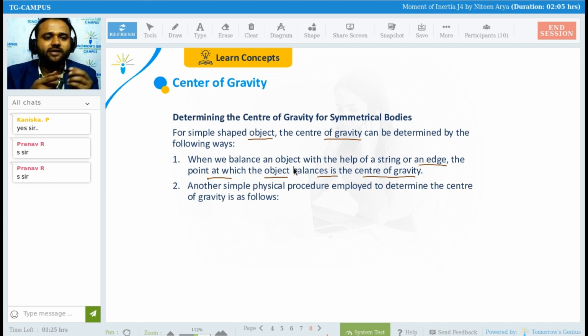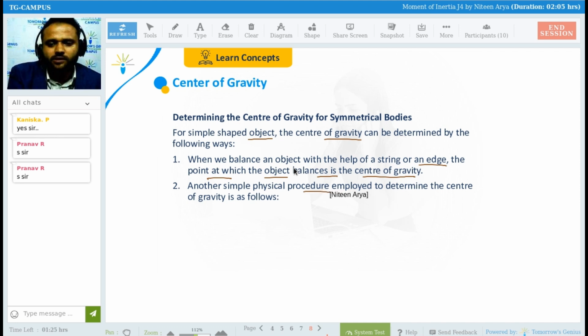As in a simple example of a pen, the center of gravity is going to be at the center. Why so? Because if I try to balance this pen from this end, it is not going to be balanced. So where the weight is balanced for a symmetric body, there we choose a particular hypothetical or theoretical point, that is known as the center of gravity.